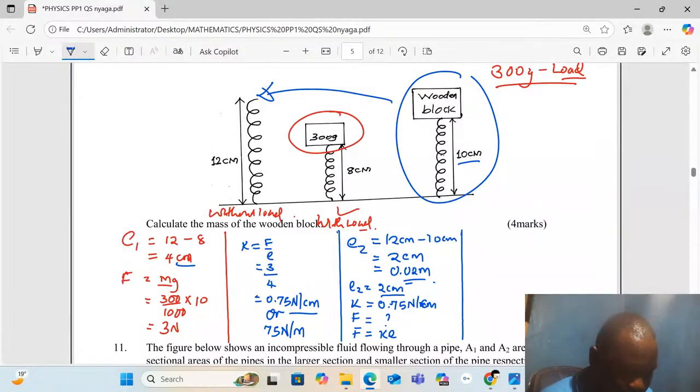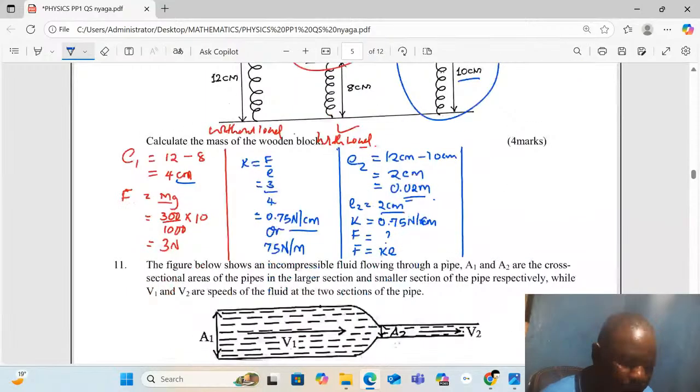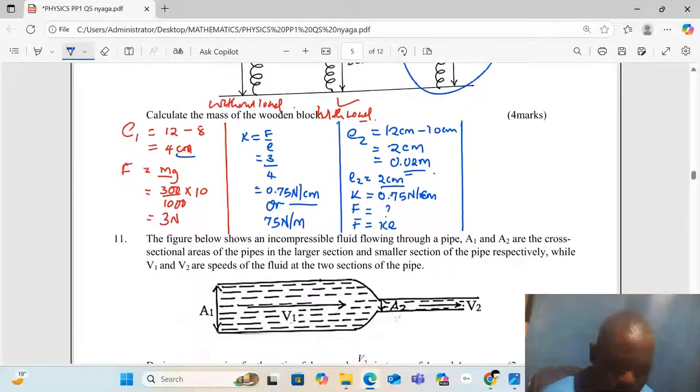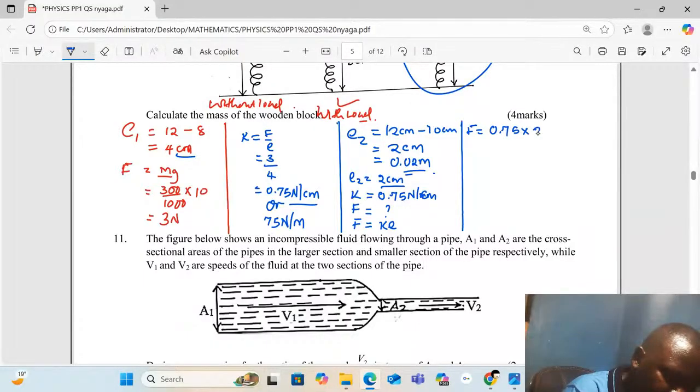Allow me to shift this one, because I'm sure my image on the bottom part is likely to hinder the working. So you say equals 0.75 times 2, and this will lead us to 1.5 newtons. So now, if this one is 1.5, we can treat it as the weight of the block.